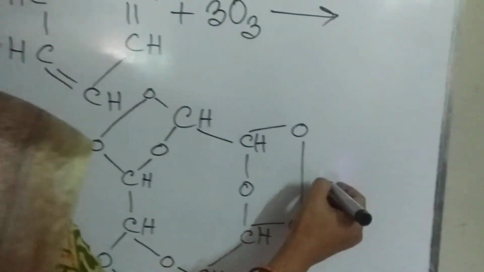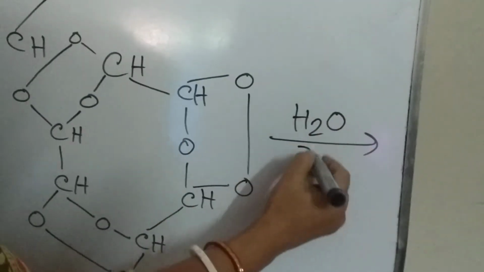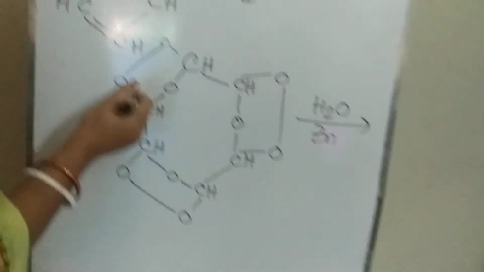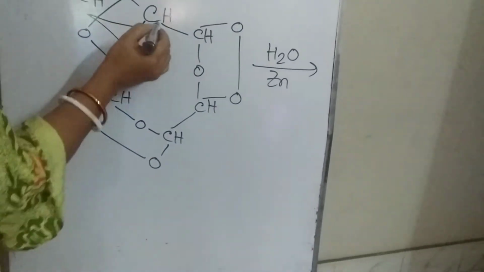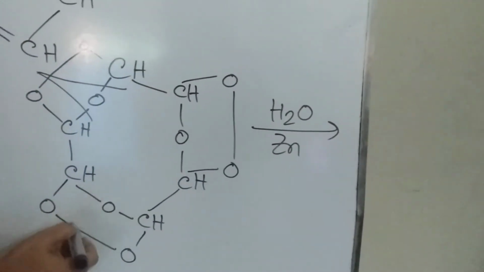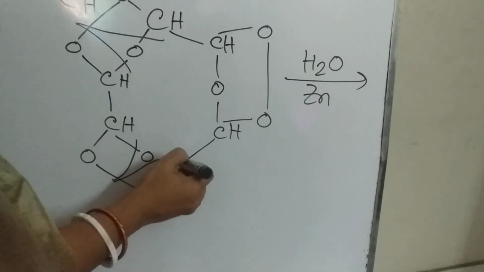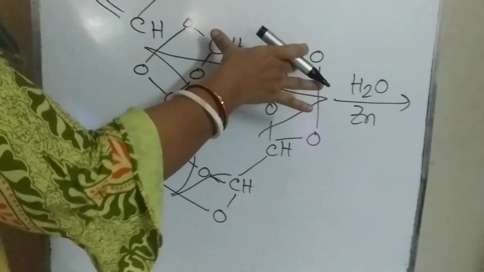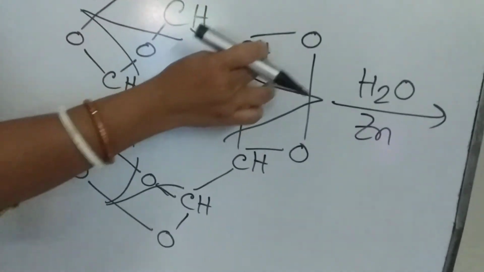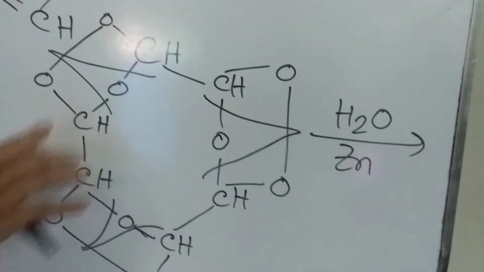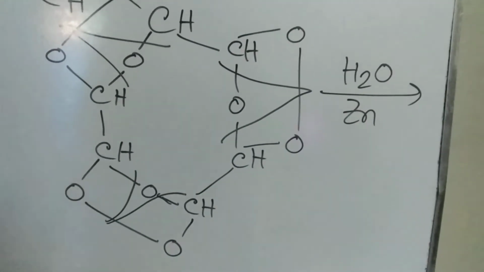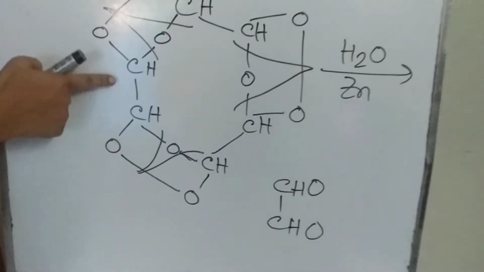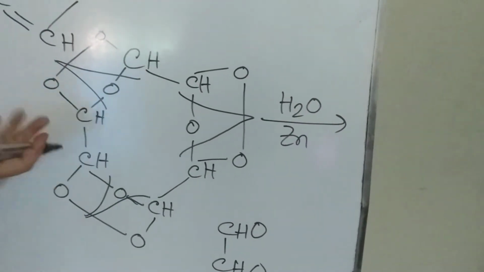Then when it is hydrolyzed in presence of zinc, just look here. It is broken in this way. So look at this part. What are present? CHO, CHO. That means CHO and CHO. Here again this is CHO.